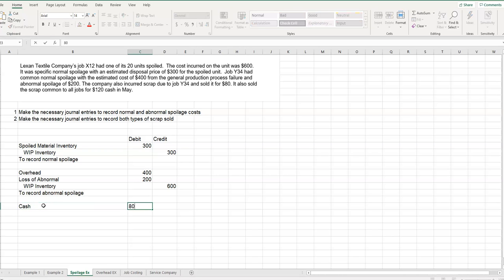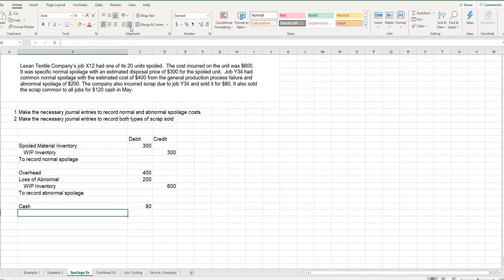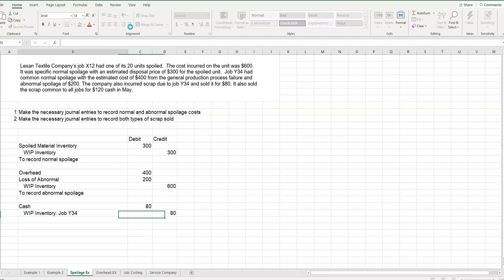So we received $80. And we're going to reduce the work in process inventory related to job Y34, $80. We earned income on that job scrap, so we're going to reduce some of the cost that we had originally given to that job.